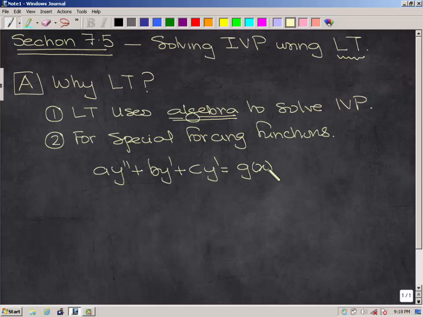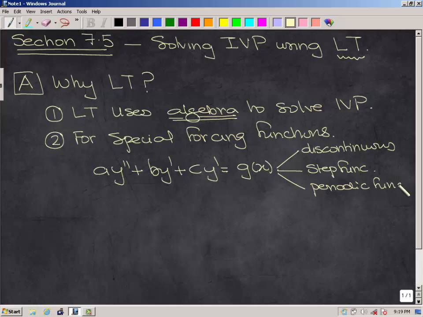Now this forcing function could be discontinuous. That means it could have a discontinuity in the middle, a piecewise discontinuity. Or it could be some special function like a step function, which we'll talk about in the next section. It could also be some type of periodic function.